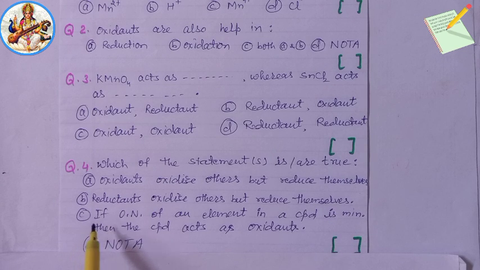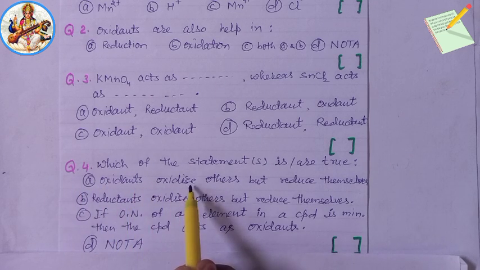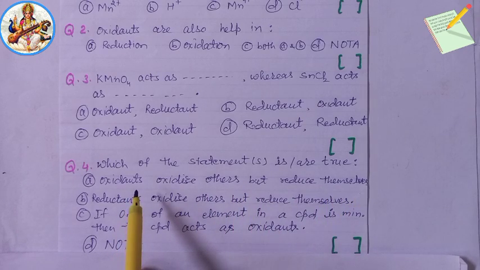In option C, if the oxidation number of an element in a compound is minimum, then the compound acts as an oxidant. So it is also a false statement. Option D, none of the above. So the answer will be option A, oxidants oxidize others but reduce themselves.